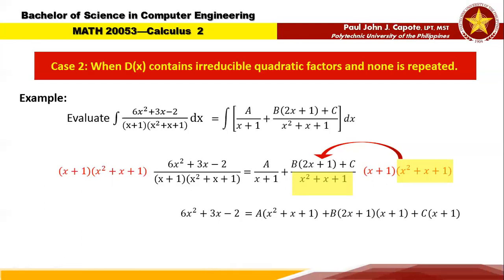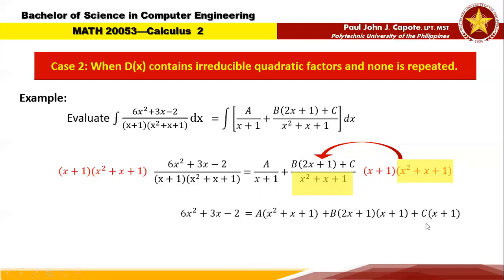Simplifying further, applying distributive property for the first term in the right-hand side of the equation, applying the famous FOIL method, and then applying distributive property. For the third term, we'll apply distributive property.